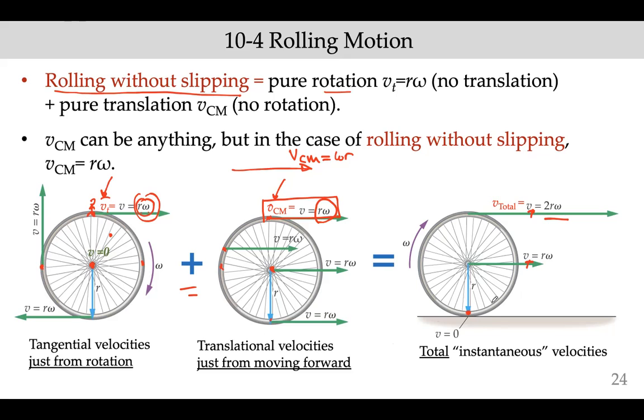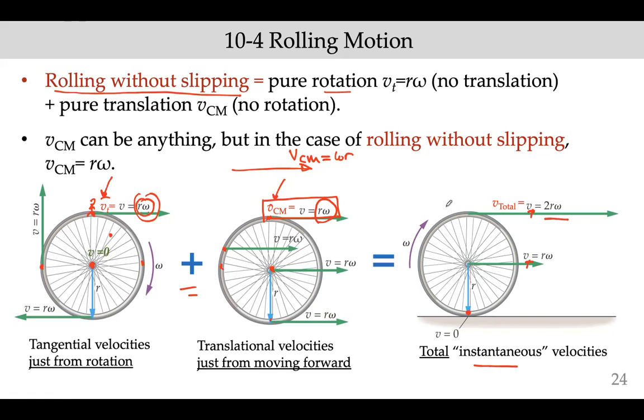Now you can say when this wheel comes here, that point goes up, then it has velocity. That's correct. But what we are discussing here is the instantaneous velocities. So that means in a given time, you can think of it as a really small time. The velocity at this point is 0. The velocity at this point is r omega.